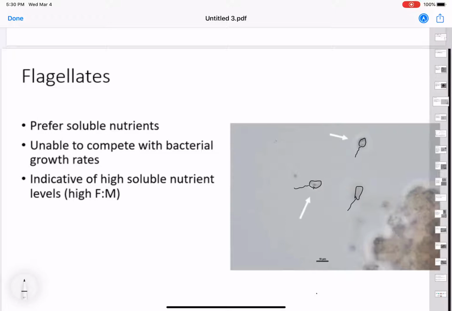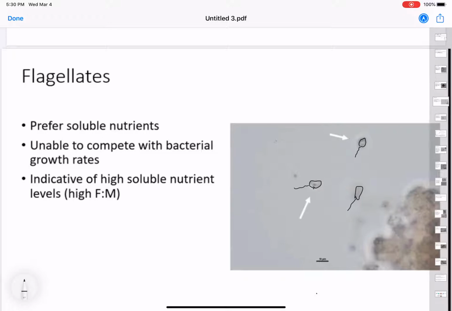They're going around. And these flagellates prefer what? Soluble nutrients. Any food that is not particulate, that is soluble inside the wastewater, the flagellates will love to eat it.